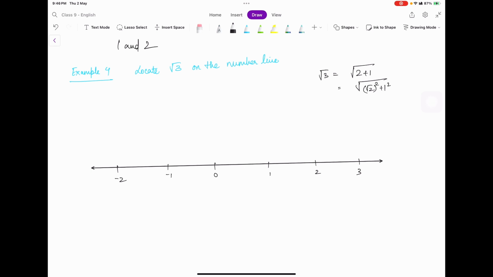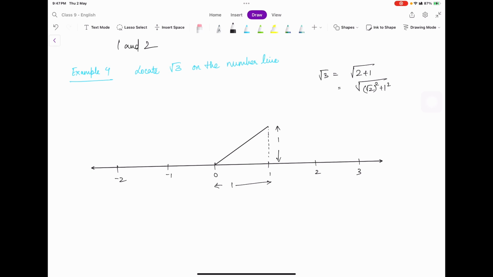How will we get the triangle? We already know this is length 1 unit. If we draw another triangle of 1 unit length, this is also 1 unit length.